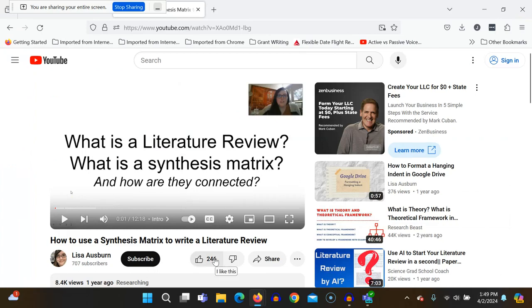Now, keep in mind that a literature review is a very academic and collegiate sort of thing, right? You're collecting a bunch of literature sources and trying to understand this topic. This is also a form that you may want to use in business, especially for something like artificial intelligence, where something comes along and is going to change the way your job works, perhaps, right?